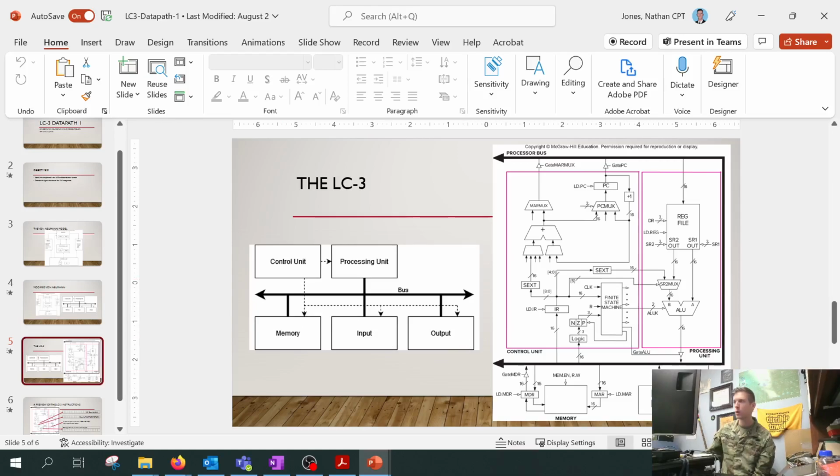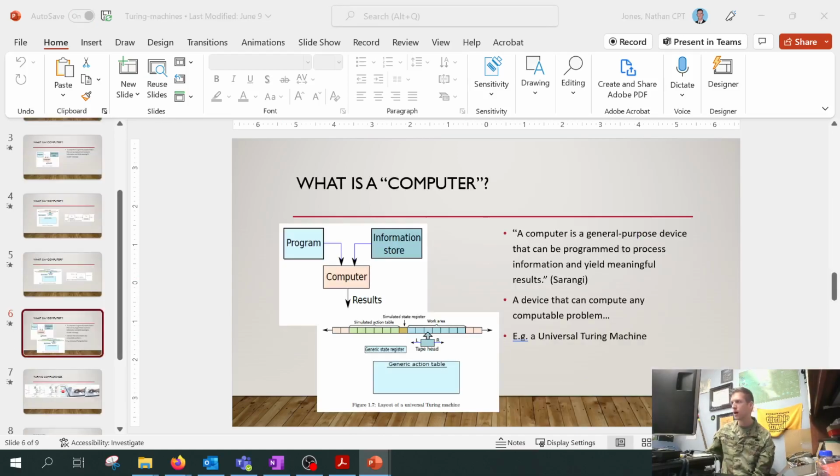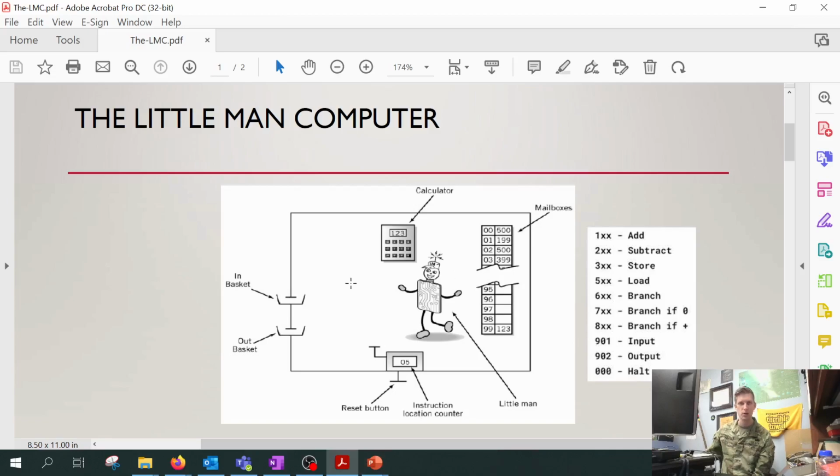You can recall also the little man computer. This is a simplified version of the LC-3, or of a von Neumann computer in general.